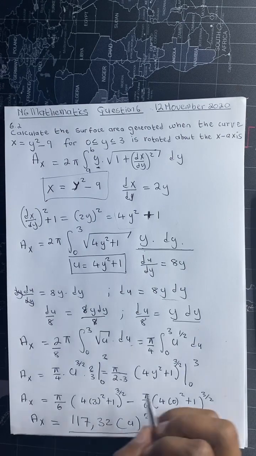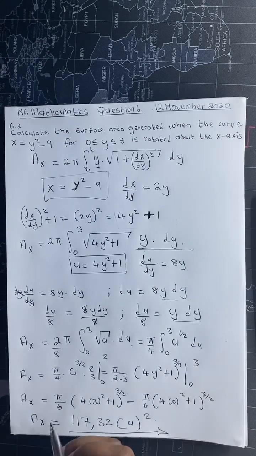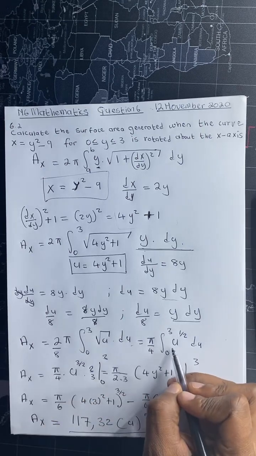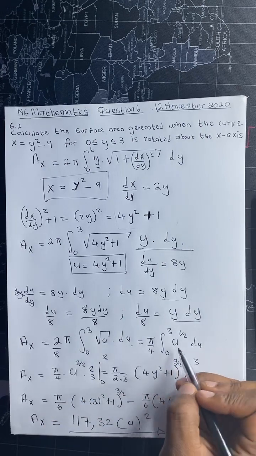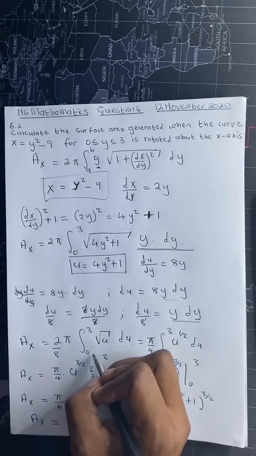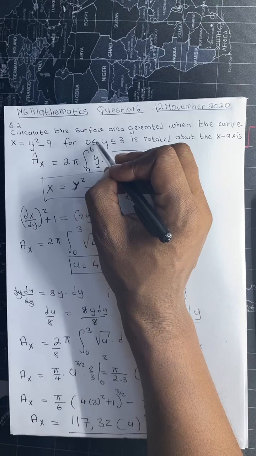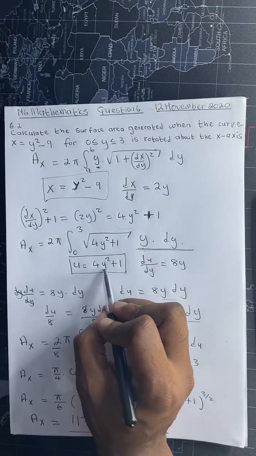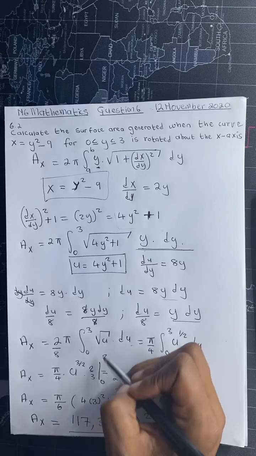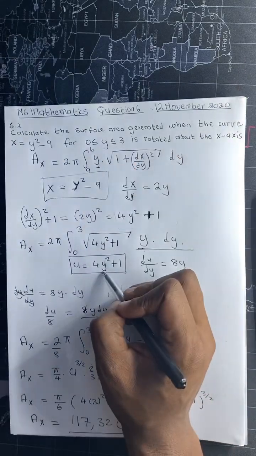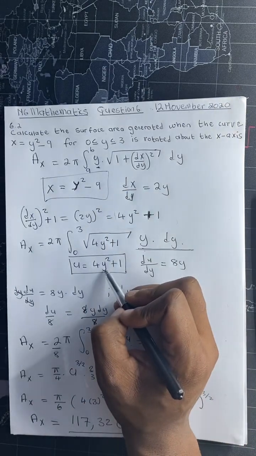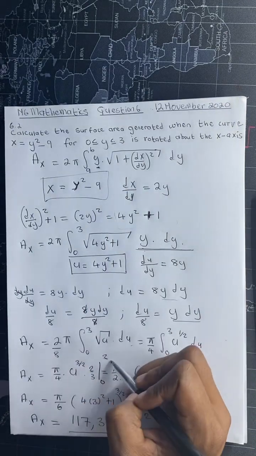So before we conclude this video, if we already have the integral of u to the power 1 over 2, and you don't want to bring back the 4y squared, you can take these limits which are in the form of y and substitute them here. Your new limit will be 1 when you substitute 0 where there is y, and you can substitute this 3 where there is y, so that you can get your upper limit.